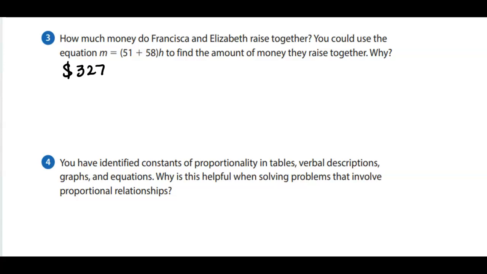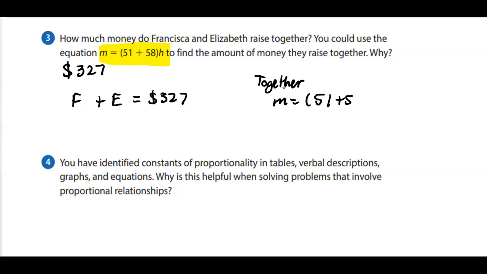So one way is you could find out how much Fran raises plus how much Elizabeth raises to get your $327, right? Or you could use this equation, where you could say, hey, I know together they're going to raise whatever M is equal to 51 plus 58, and then multiply those by 3.